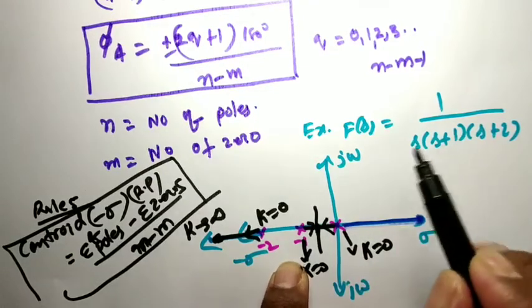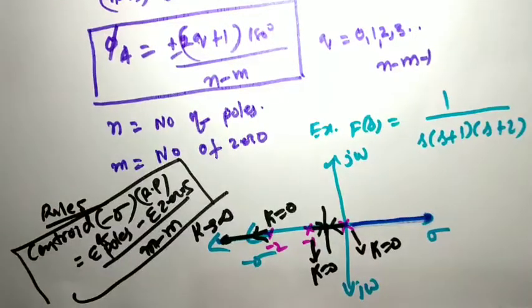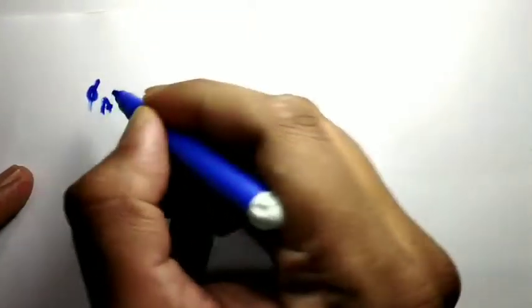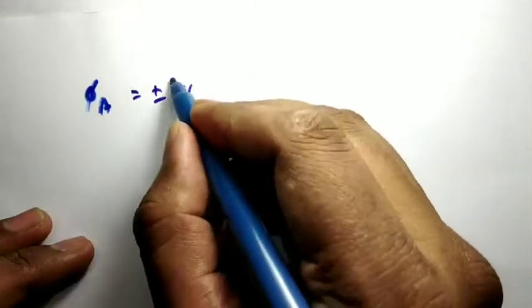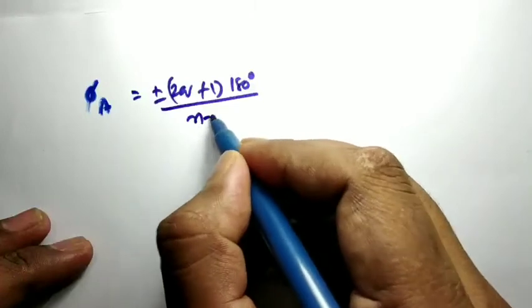From this example I am going to find both asymptotes and centroids by using these equations. So what is the equation we have? The equation for the asymptotes is phi a is equal to plus or minus (2q plus 1) times 180 divided by n minus m.